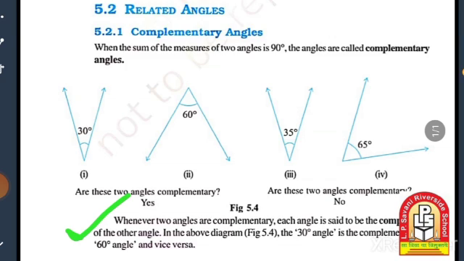Whenever two angles are complementary, each angle is said to be the complement of the other. In the above diagram, you can see that the 30-degree angle is the complement of the 60-degree angle and vice versa. So here you can see what complementary and non-complementary angles are.